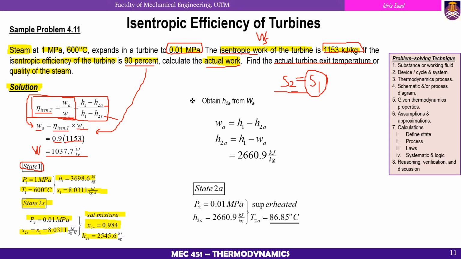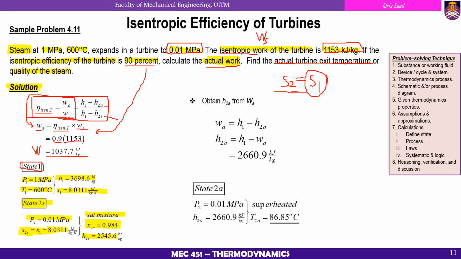2545.6. What you have to do is expand this answer. First, you have to determine the phase of state 2S, whether the entropy at 0.01 megapascal is lower or higher than the entropy at state 2S, which is 8.0311.